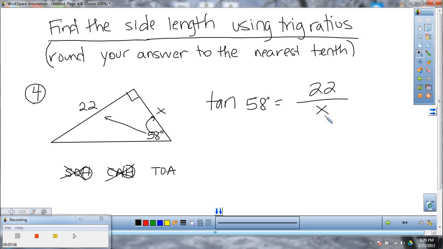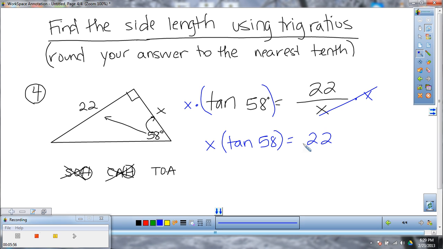Now I want to solve for x. I can't solve for x with x being in the denominator, so I'm going to multiply both sides by x, which really just makes x times this group, and x times the fraction cancels out. So now I have x times the tangent of 58 equal to 22.